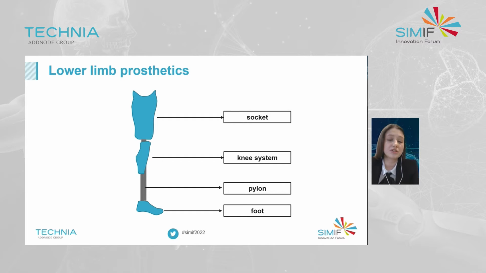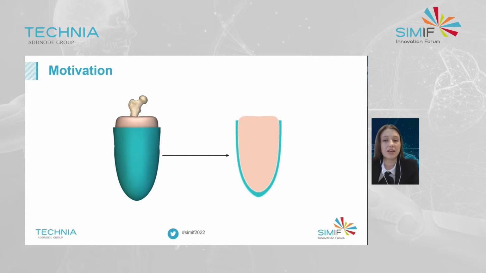In the case of the prosthetic foot, pylon, or knee system, they are prefabricated components and they must be adjusted to the patient. But a critical component of the prosthesis is the prosthetic socket. Typically, a lower limb prosthesis needs a socket to act as an interface or link between the residuum and the prosthetic device.